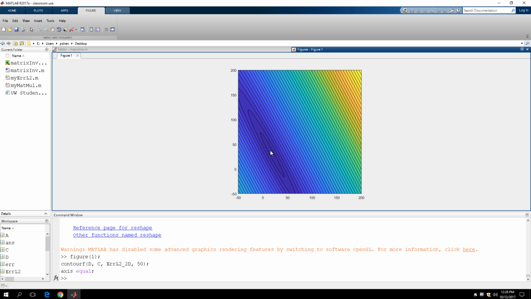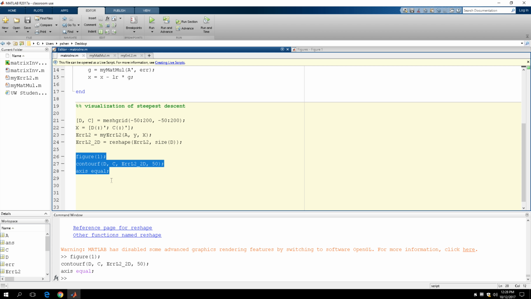Coldest color means the smallest value of ERL2. That's how we computed the difference, how we quantified the difference between the predicted y and the actual y, right?